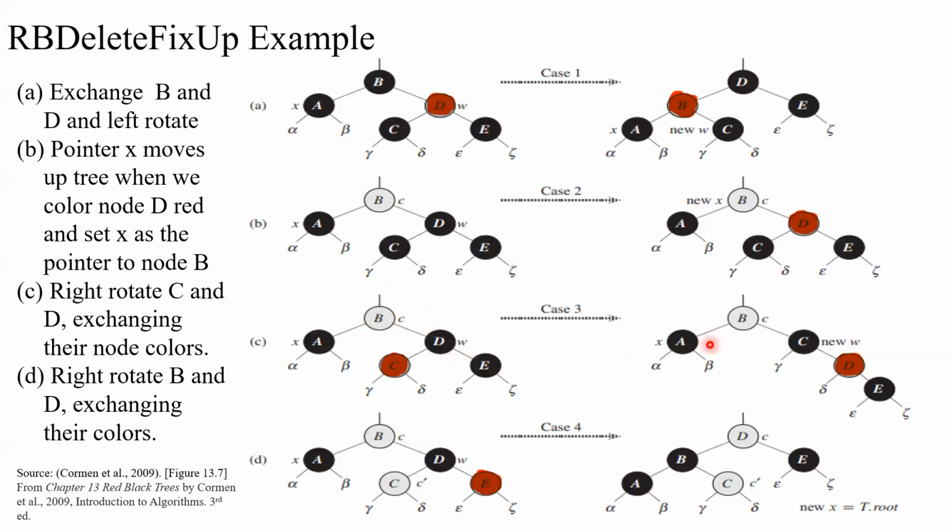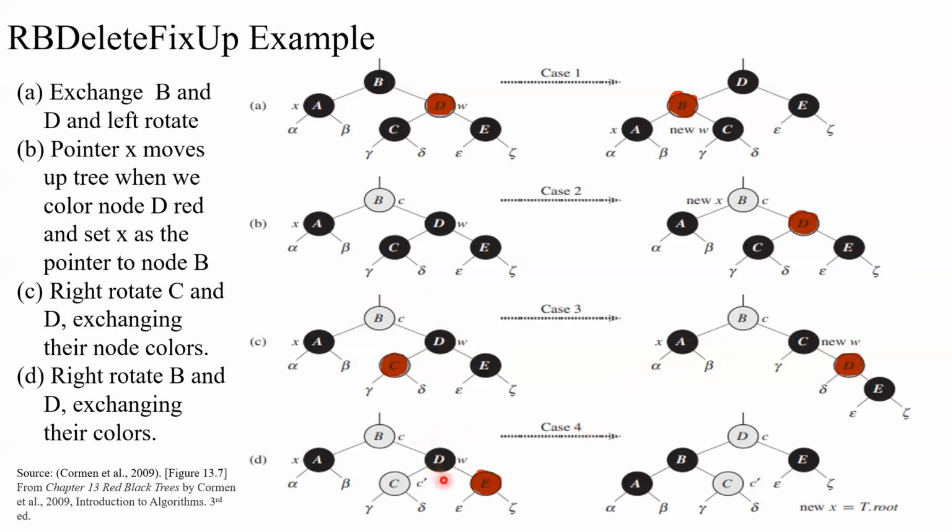To get around this case, we need to right rotate C and D. So we're performing a rotation here. When we perform our rotation, D becomes the right child of C, and C is the new W. Also, the colors are changed. C is now black and D is red.